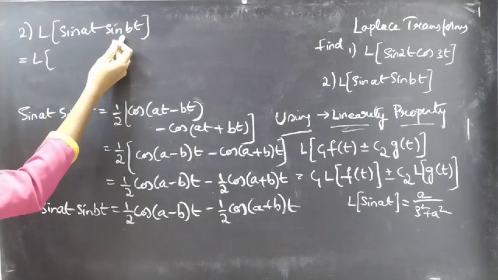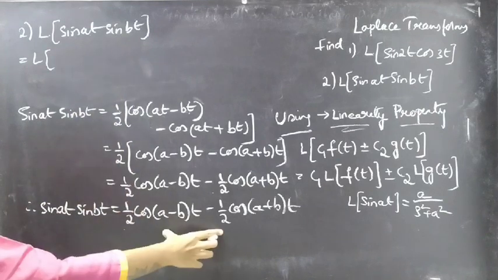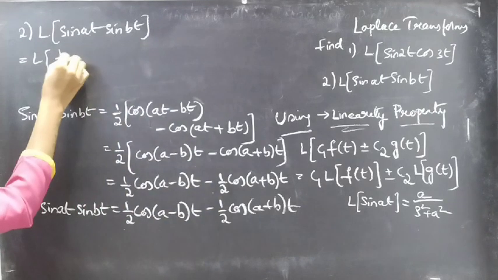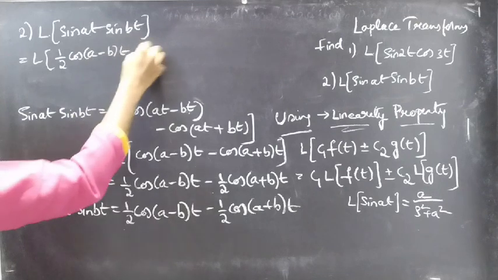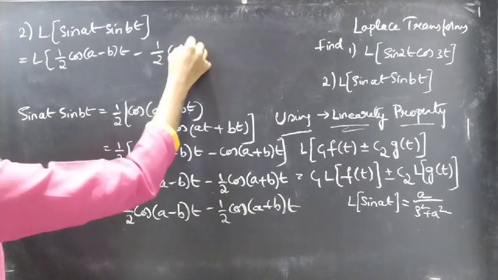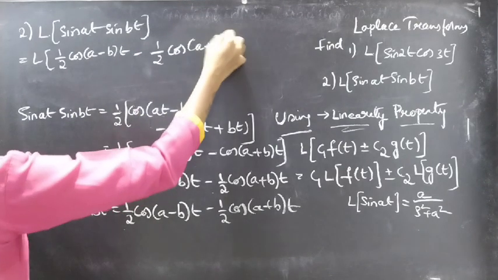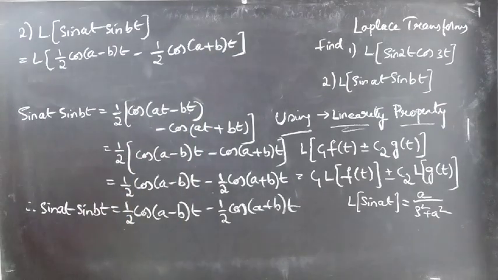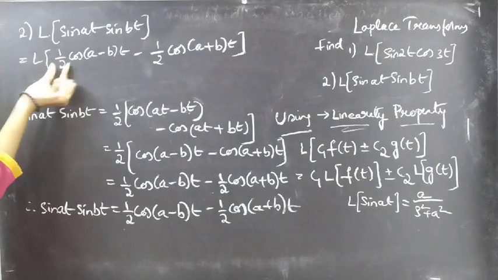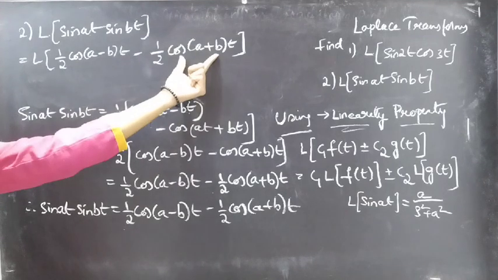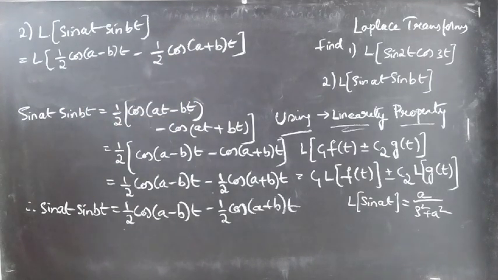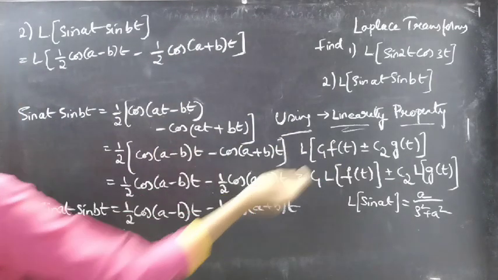Now, I'll replace sin at sin bt with this. Then I'll get 1/2 cos of (a minus b) into t minus 1/2 into cos (a plus b) into t. See, L of c1 into function of t minus c2 into function of t we are having, right? So now compare this with the linearity property formula.